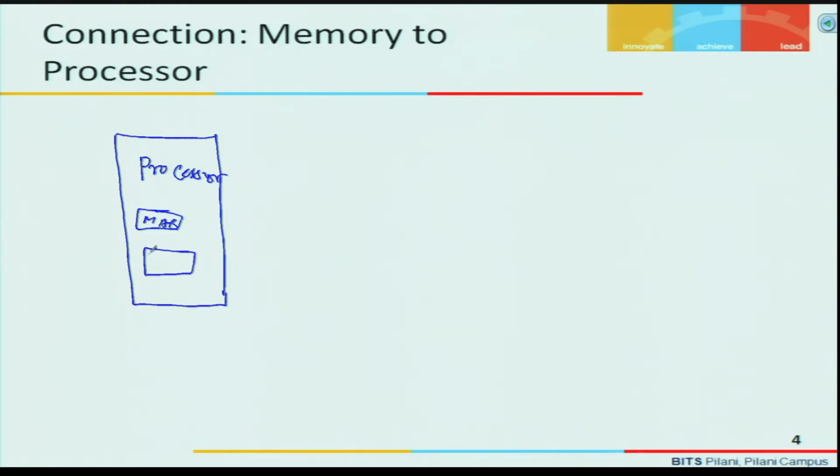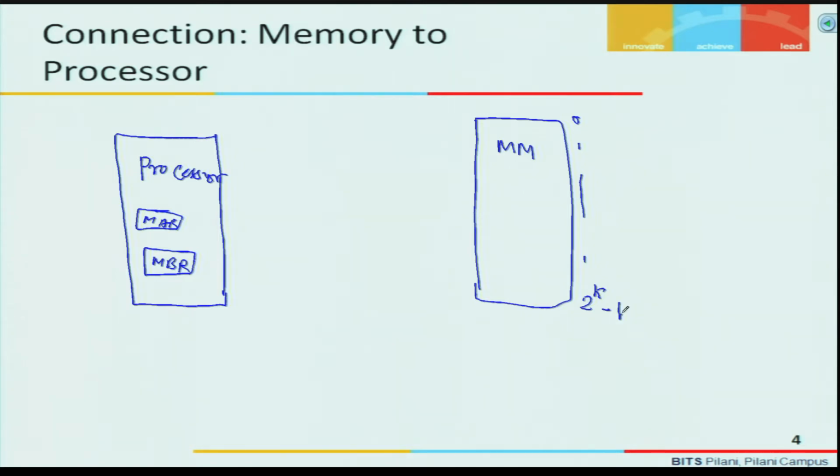So, this is your processor. The processor contains two registers. Apart from other registers, these are the two registers I am mentioning here right now, MAR and MBR.